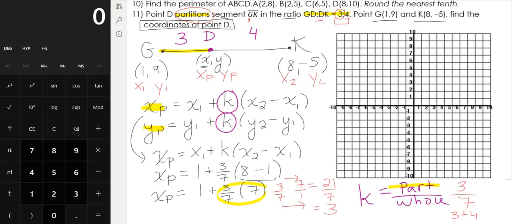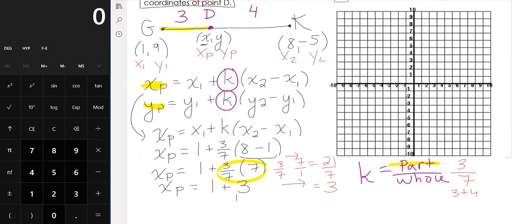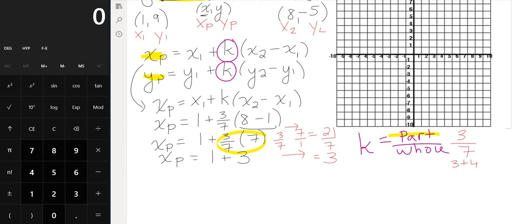So really what we get here is XP equals 1 plus 3. One more step. XP equals 1 plus 3, which is 4. So our partitioning point has a 4 as an X value.